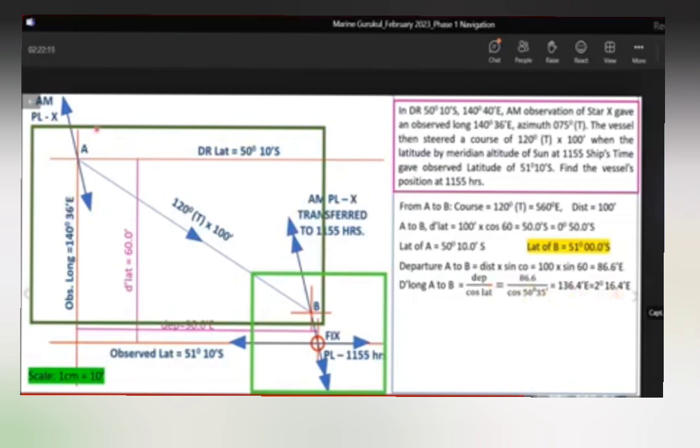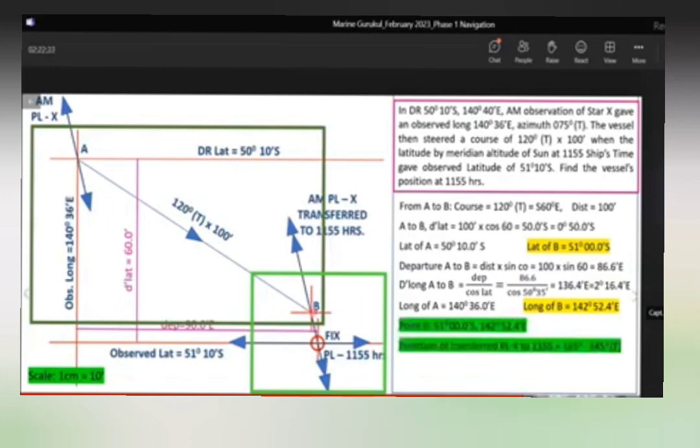We know the longitude of A, which is same as the observed long, and we apply the d long to it and we get the longitude of B as 142 degrees 52.4 minutes east. So by applying the plane and parallel sailing formulae, we have been able to get the coordinates of point B. So now point B coordinates are known.